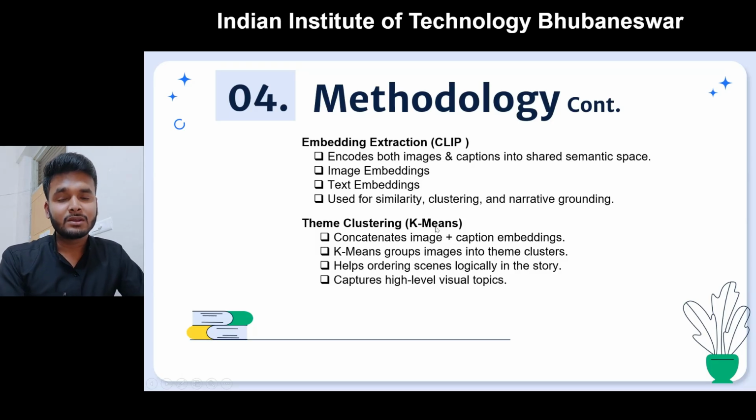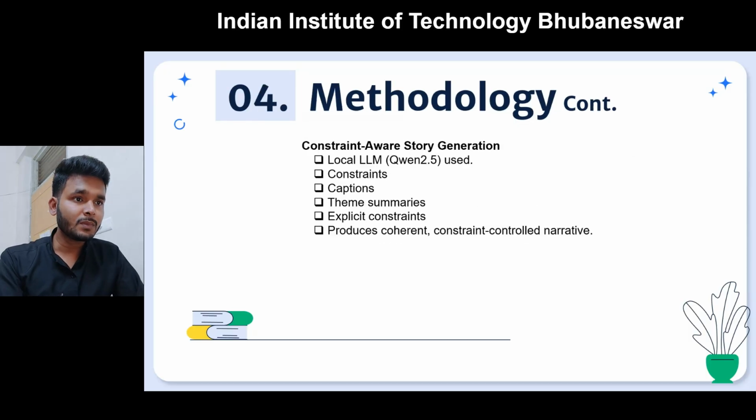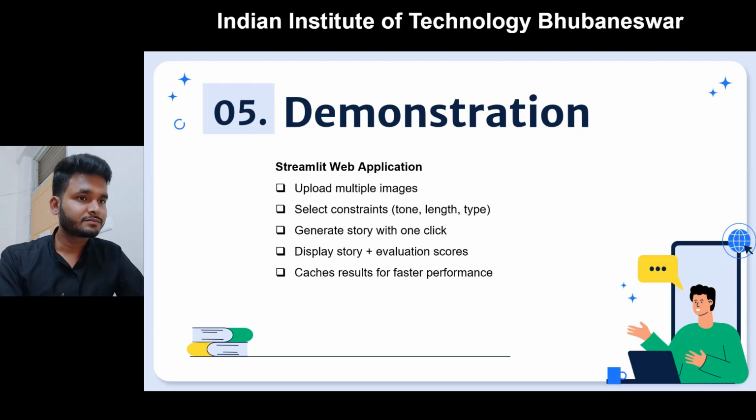We are using the ML model K-means, which is an unsupervised learning model, because we don't have any output at this time. We are only taking the images and trying to categorize them into different categories. After that we are going to use the Qwen 2.5 model that is running on my computer. On the basis of these embeddings and captions, the story will be generated.